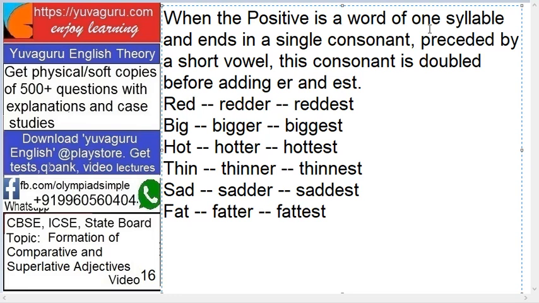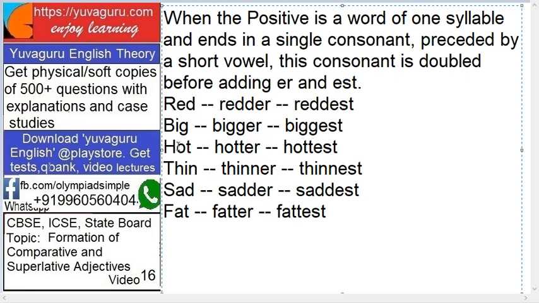And vowel sound, red, R-E, re means E. Or you can also remember in a simpler way, there should be one vowel in this. Big, and preceded by a short vowel, ending with D and preceded by a vowel. So remember only these two things now for easiness. So ending with a consonant preceded by a vowel.